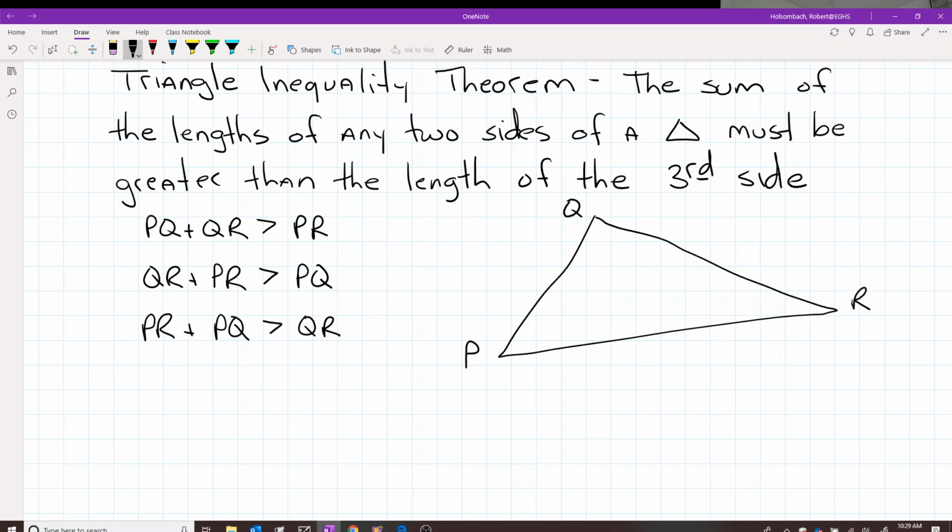All three of those inequalities must be true in order for the side lengths to form a triangle.